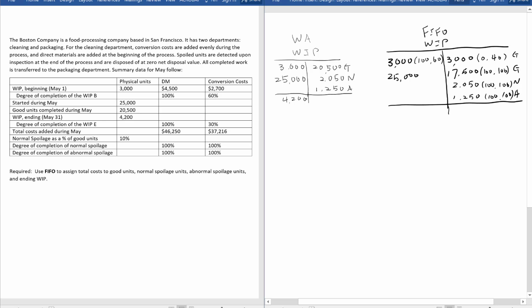Now let's get the percentages for the ending inventory, 4,200 units. These 4,200 units are started in May and not completed in May. And from May, these units used 100% of direct materials and 30% of conversion costs.